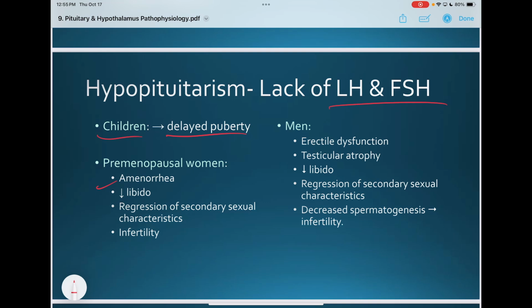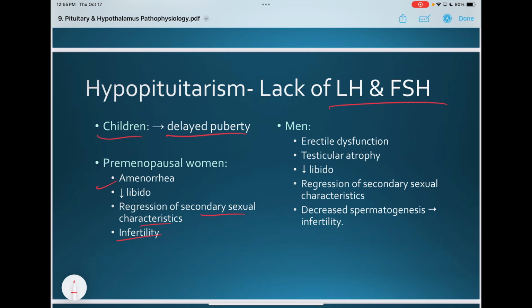Nothing is telling the follicles to be stimulated, so the menstrual cycle never starts. Therefore, they lose it. Decreased libido, regression of secondary sex characteristics, and infertility makes sense because there's no FSH to stimulate the follicle to be released or matured. There's no LH to cause ovulation, so it never happens.